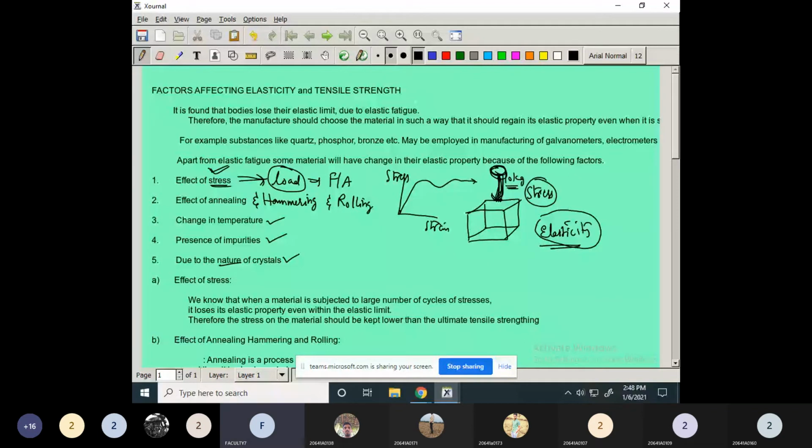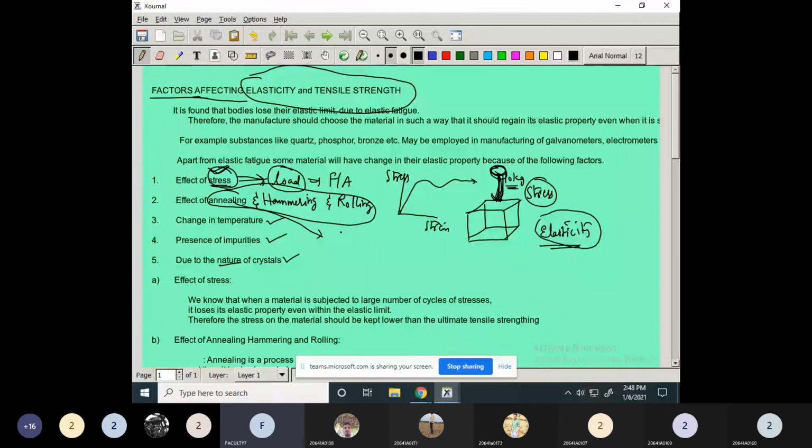So here we had seen the topic of the factors affecting elasticity and tensile strength. So what are the factors here? Stress, next annealing, hammering, rolling. What is the meaning of annealing here?